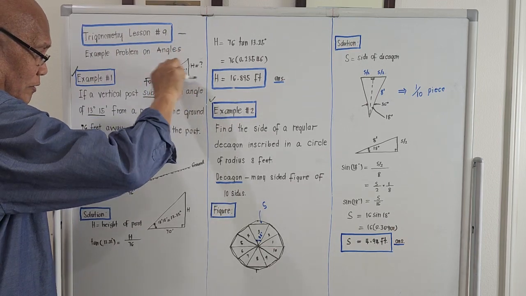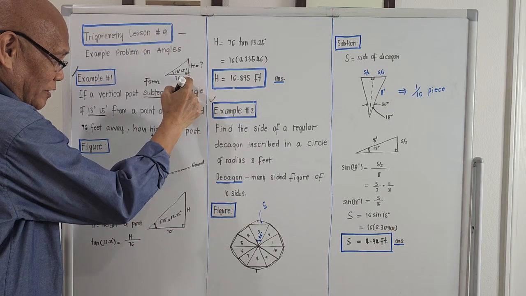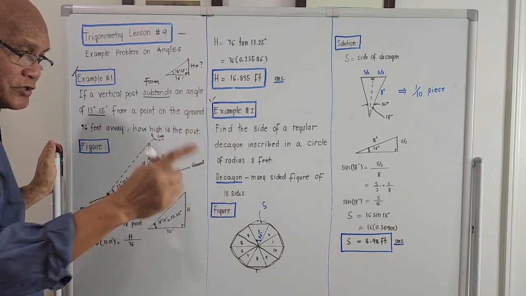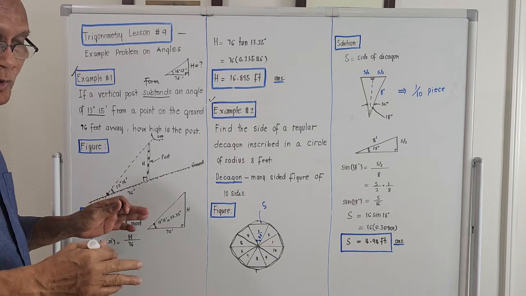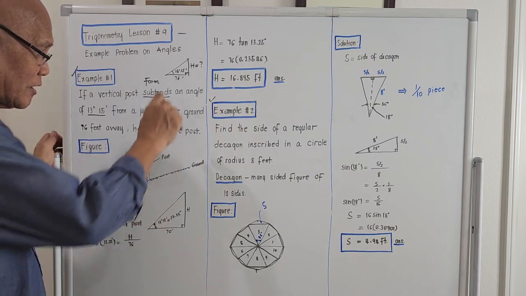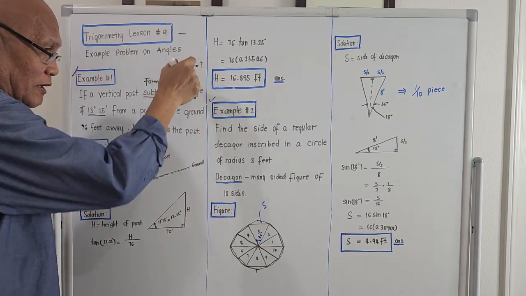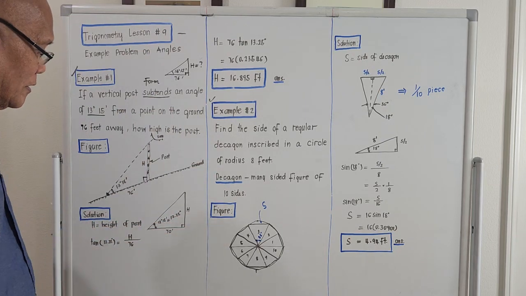Since one is horizontal and the other vertical, the angle between the horizontal and the height of the force should be 90 degrees. So this refers to the study of a triangle in which the inside angles are acute, meaning the sum of this angle plus this angle is actually 90 degrees. So it falls under our topic.